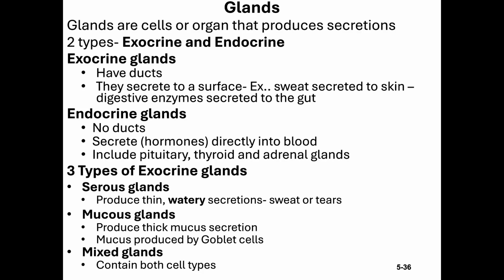So the ducts carry the secretion to, for example, let's say you have a sweat gland. Sweat is produced in the skin, and from there the secretion is brought to the surface of the skin. That's why when you sweat, you see all these beads of sweat coming up. So the secretion is taken through the duct and it's carried to the surface of skin.